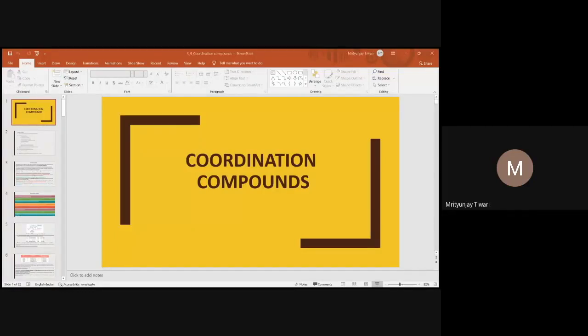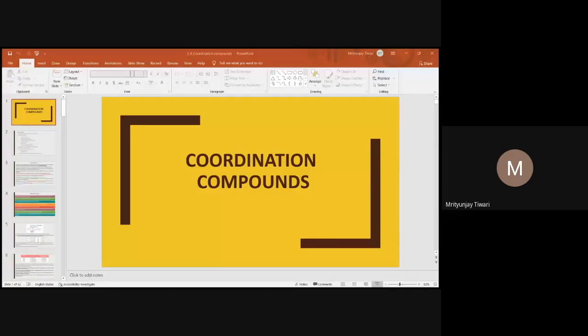Then we'll also see the definitions of some very common terms. There is the coordination entity. Coordination entity means it constitutes a metal ion, or this metal could even be in the neutral or zero oxidation state, or it can be in a positive oxidation state, meaning in the ionic form.